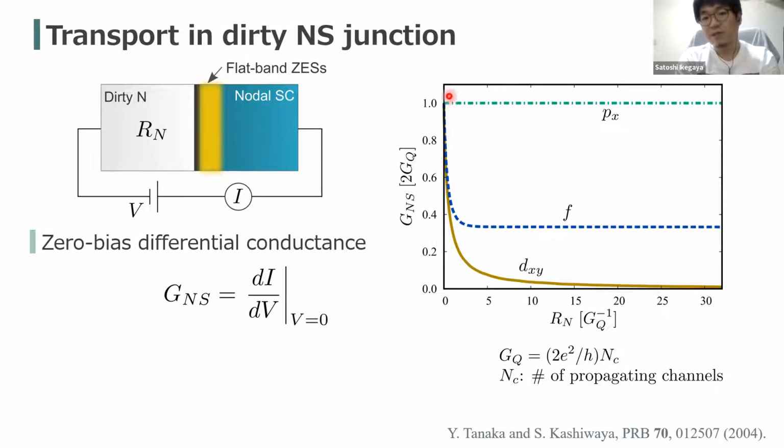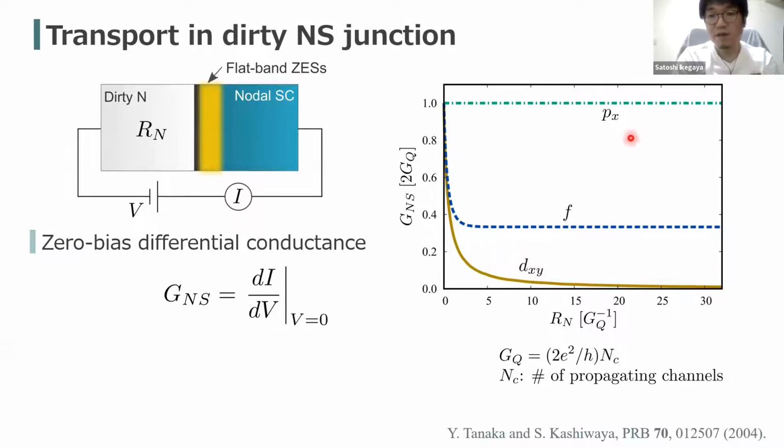In the ballistic limit, corresponding to the left side of this figure, all the nodal superconductors show perfect transmission. However, by introducing impurities to the normal segment, for instance in the case of D wave, the zero bias differential conductance decreases monotonically, and it finally goes to zero in the dirty limit.